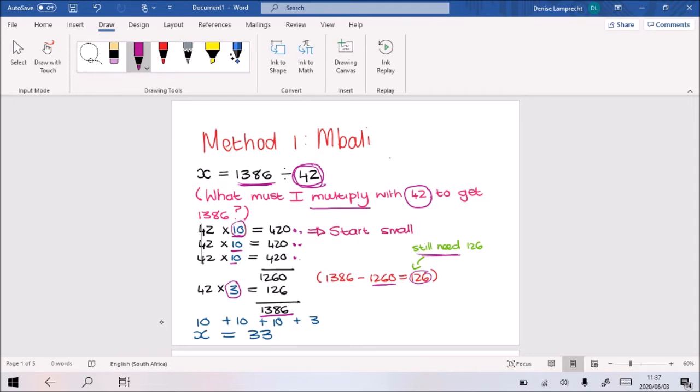The 10, here is my 10, another 10, another one, and the 3. So it's 10 plus 10 plus 10 plus 3, and that gives me the answer of 33. So my answer will be 1386 divided by 42 equals 33.